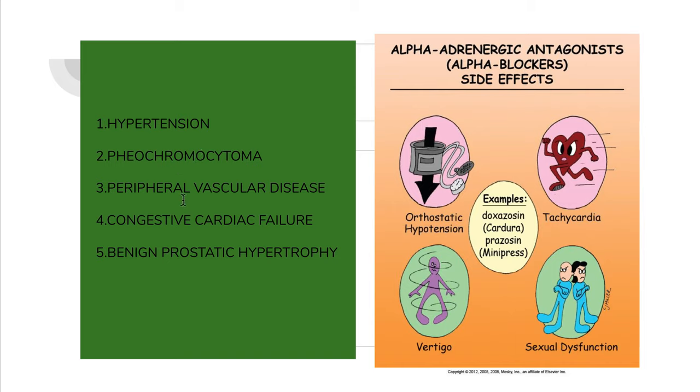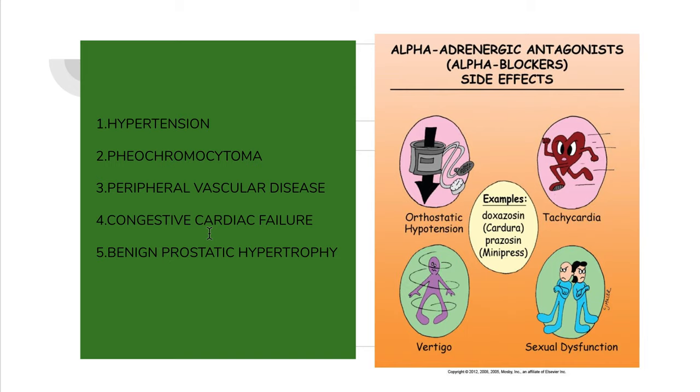Now, peripheral vascular disease. Due to peripheral vasodilation, it may relieve the symptoms of peripheral vascular disease, symptomatic relief. Congestive cardiac failure. Now, because of vasodilator mediated action, prazosin is useful in CCF and benign prostatic hypertrophy, enlargement of the prostate gland.